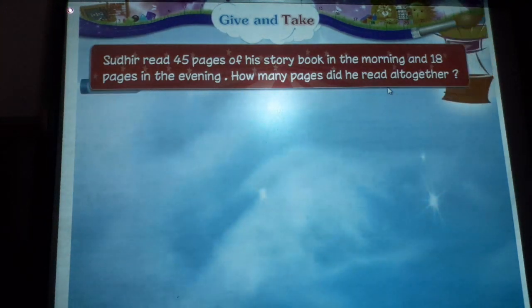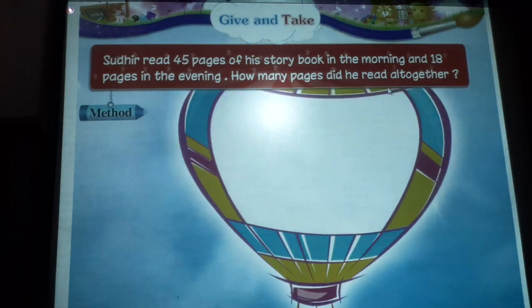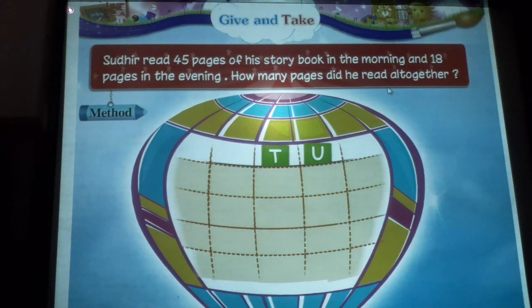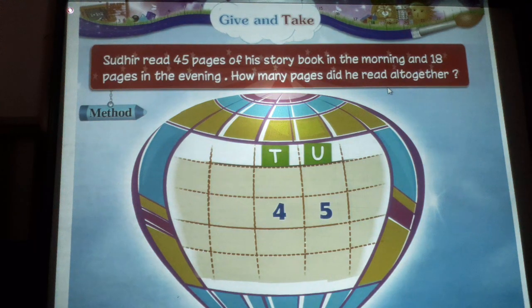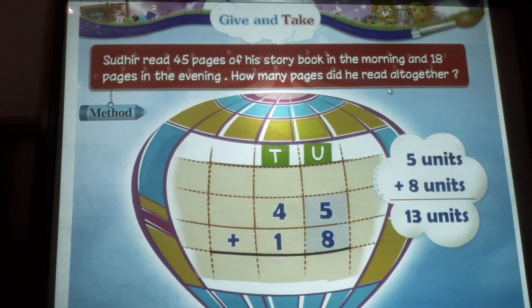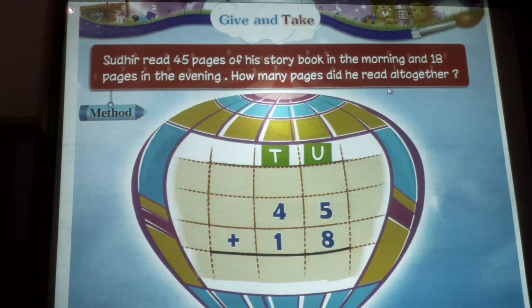To find out the total number of pages read by Sudhir, we have to add 45 pages and 18 pages. In the units place, 5 units and 8 units make 13 units. 13 units is 1 ten and 3 units.